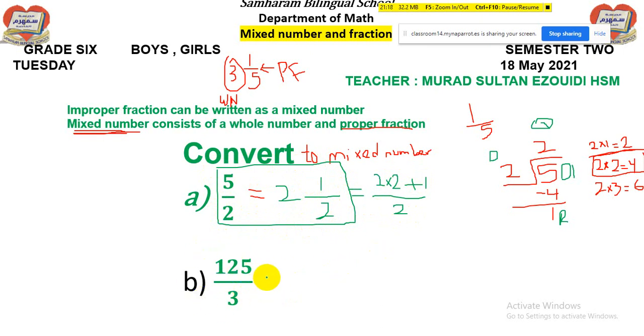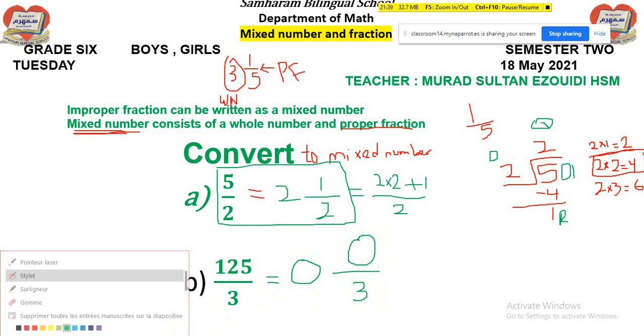125 divided by 3. This one should be equal to a whole number, then the remainder divided by the divisor. The divisor is 3. Try to find the value of these circles or numbers. I will change the color here.